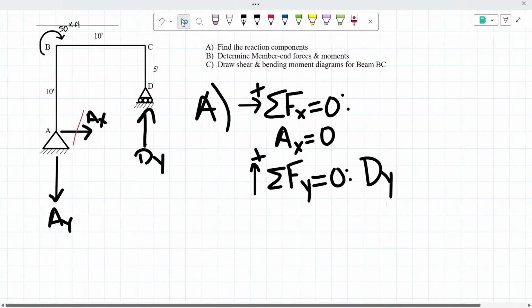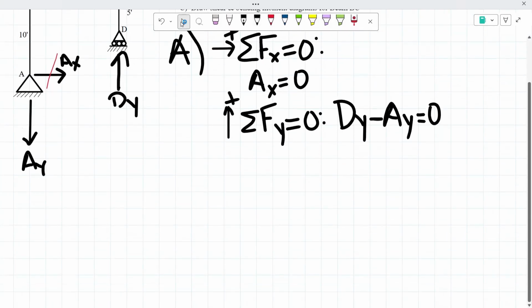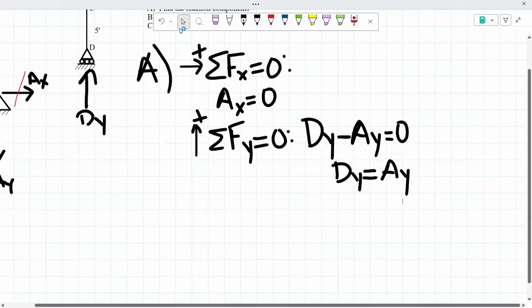And then for our A sub y, we assume that it's going downwards, so that's negative, so minus A of y equals 0. If we solve that out, we know that D of y is equal to A of y. And that's the most that we can do as of right now for our forces in the y direction.